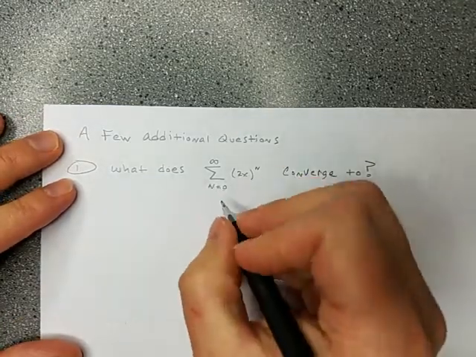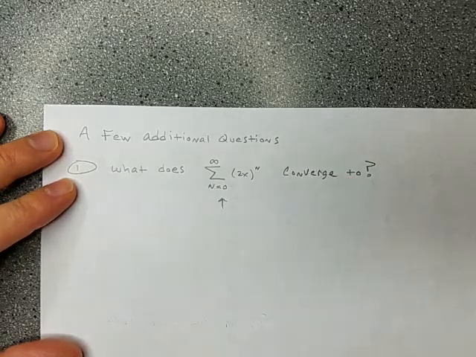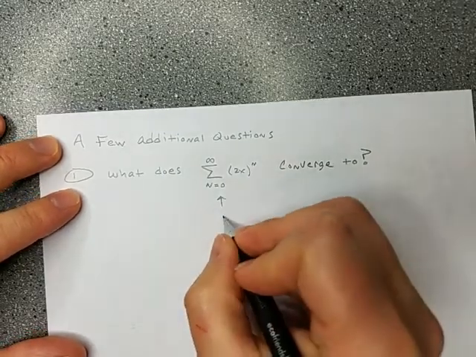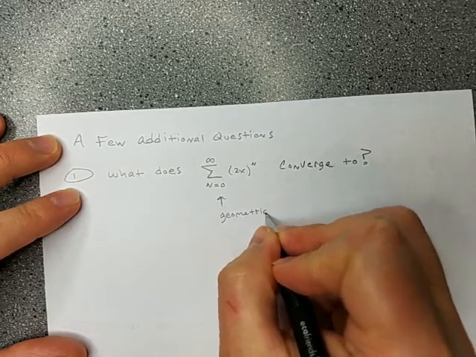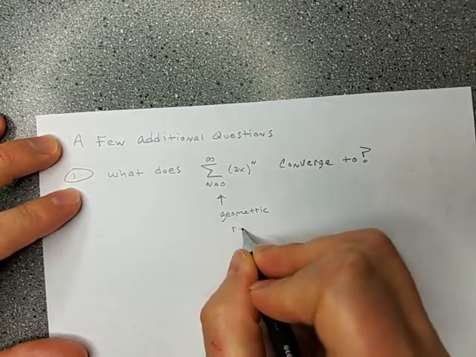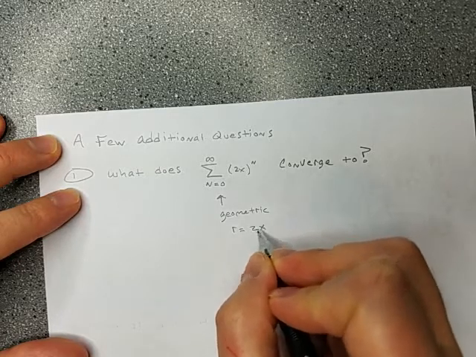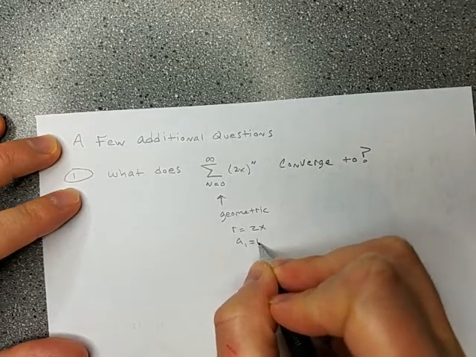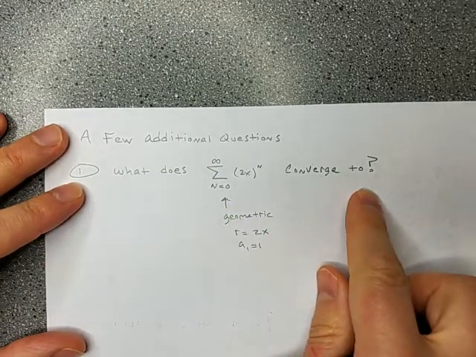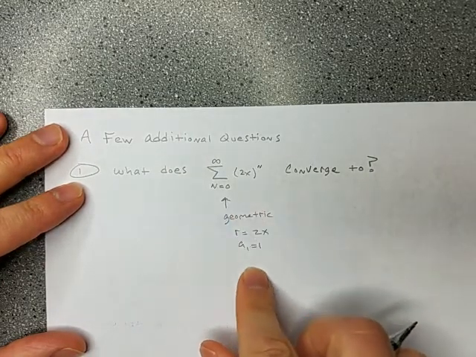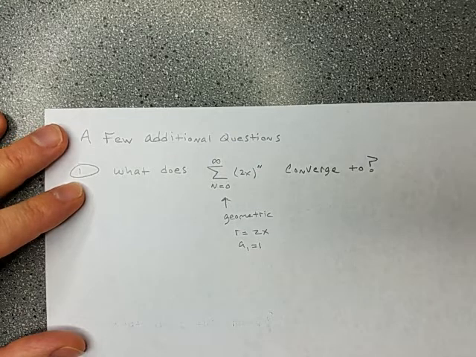Well, I'm using this same example just to establish some things. One, this is geometric. That r was 2x and the first term was 1. So this series will converge to whatever a geometric series like that converges to.